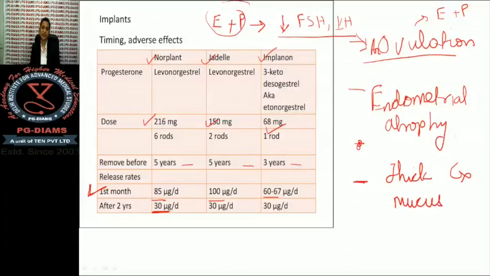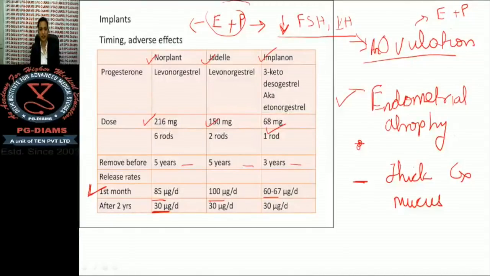As I said, estrogen does not have much end organ effect; it does not cause proliferation of endometrium. The small dose of estrogen which we use is very less compared to the physiologic range of estrogen present in a female's blood. So this small dose of estrogen is only able to have a negative feedback effect and decrease FSH, LH.